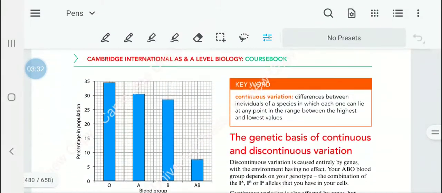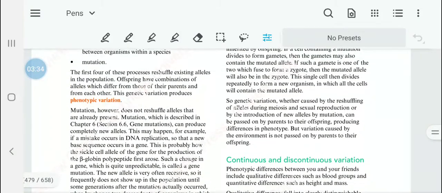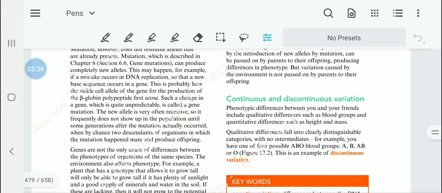Write down a note: continuous and discontinuous variations. Phenotypic differences include qualitative differences such as blood groups and quantitative differences such as height and mass.